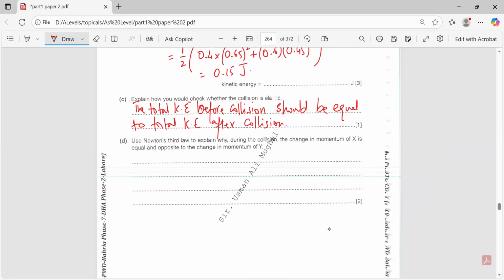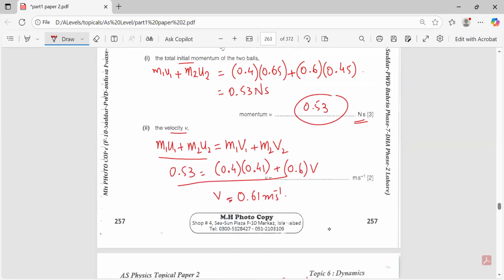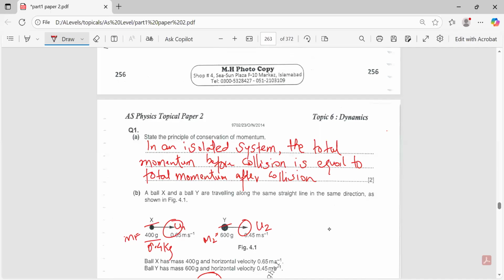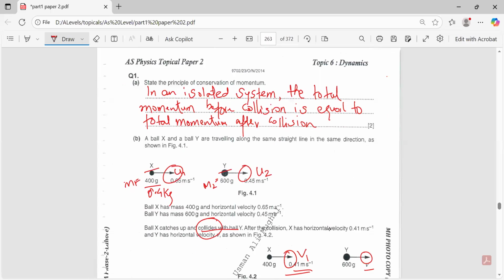Okay, next, this question is pretty interesting. This question says: use Newton's third law to explain why during the collision the change in momentum of x is equal and opposite to the change in momentum of y. As per Newton's third law of motion, so what does Newton's third law say?